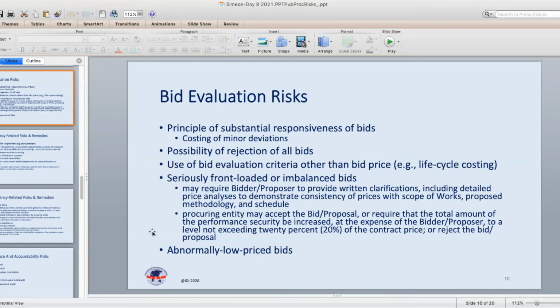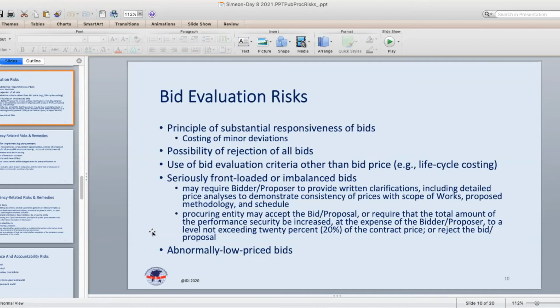Now, I won't go into it, but just to mention, there is the question of quantifying the impact of these minor deviations on the comparison and ranking of bids. Not all deviations should be ignored.